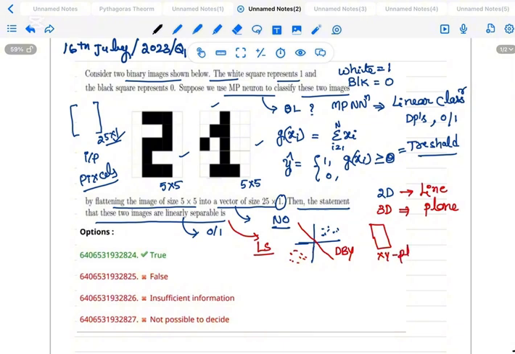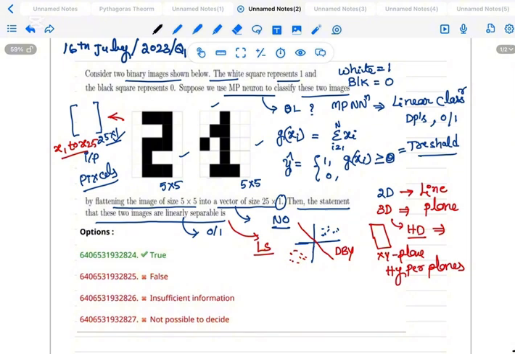In higher dimensions we use hyperplanes. To separate the data point 25 cross 1, there are x1 to x25 data points.